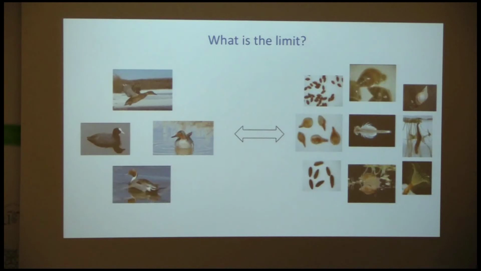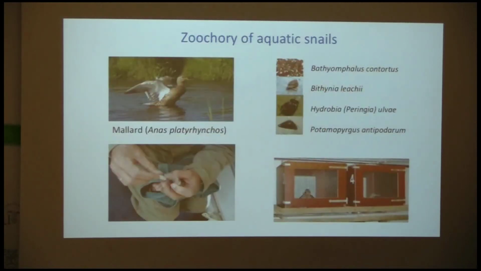So that made me ask, what is the limit of what can be dispersed? Because if a bird doesn't want to digest everything it ingests, there might be tons of animals and plants that can be dispersed. So for my PhD, we went to this kind of extreme situation. We thought maybe aquatic snails can even survive this. So we fed these 4 different snail species to mallards that we kept in cages.